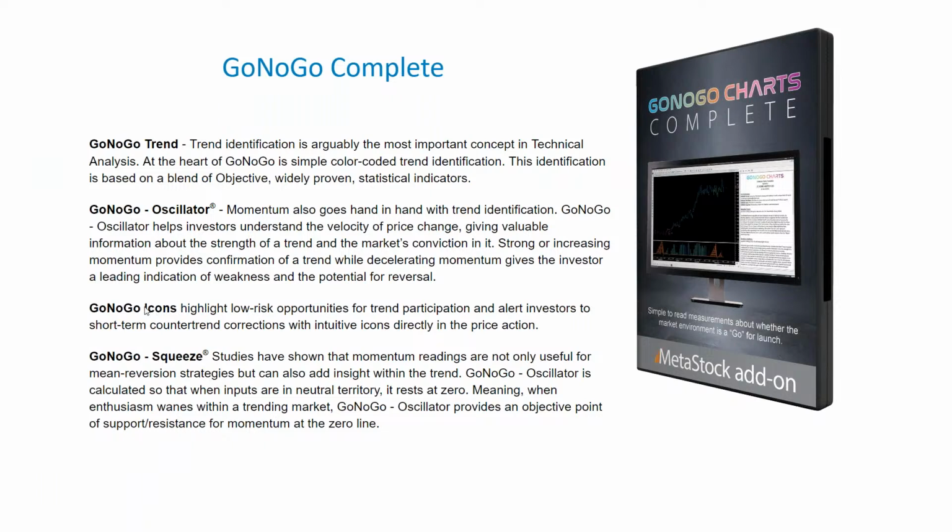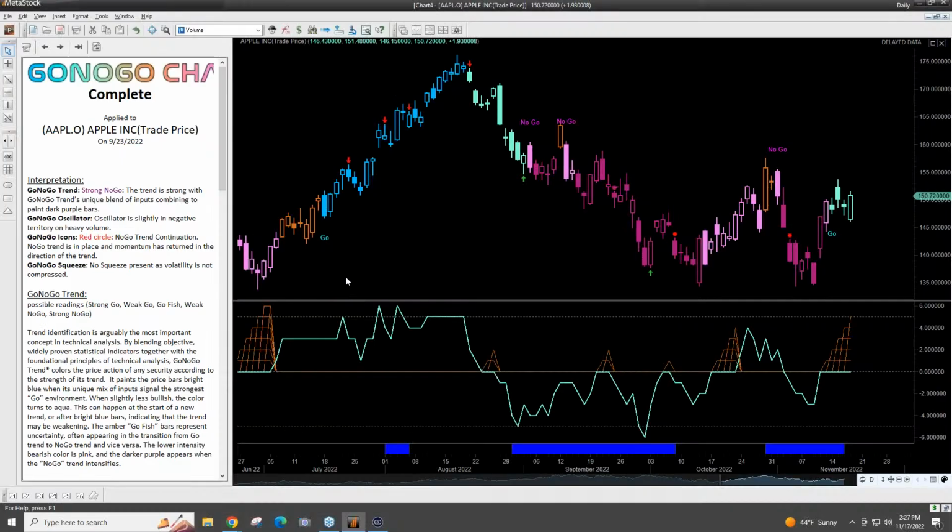So I already talked about the icons on there, the go fish, the go, no go, strong go, etc. And then you have the squeeze one, which I was mentioning. It's not similar, but John Carter has a squeeze add-on that basically shows the consolidation or indecisiveness, and it's highly likely that the trend is going to change.